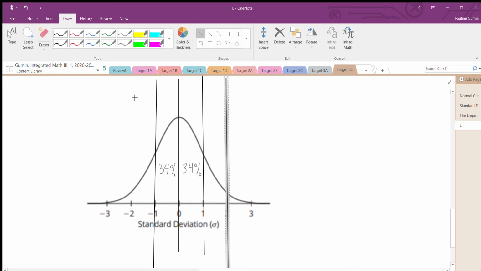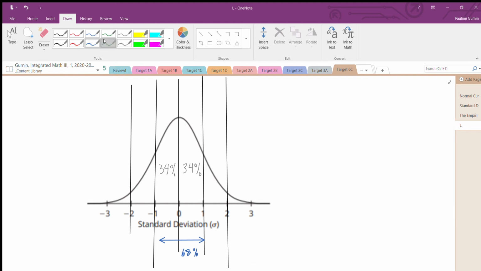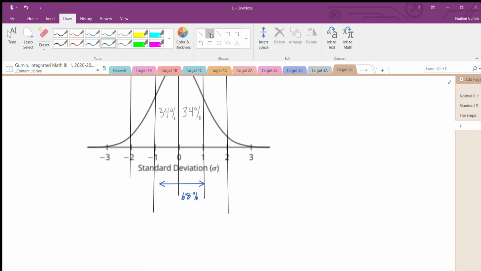Now in total, from 1 standard deviation to the left and 1 to the right, we have 68% of the data. That's 34 plus 34. From 2 standard deviations to the left and 2 to the right, we actually have 95% of our data.